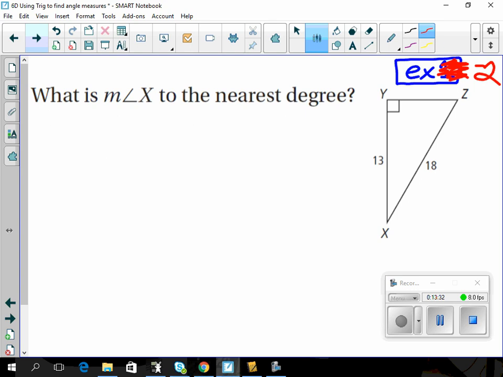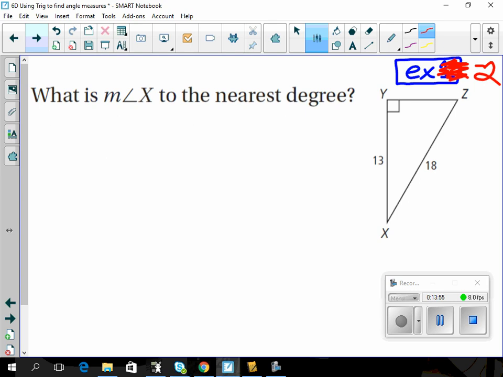We're trying to find the measure of angle x to the nearest degree. So again, you're trying to find an angle, so that's a big clue to us that we're going to do inverse.